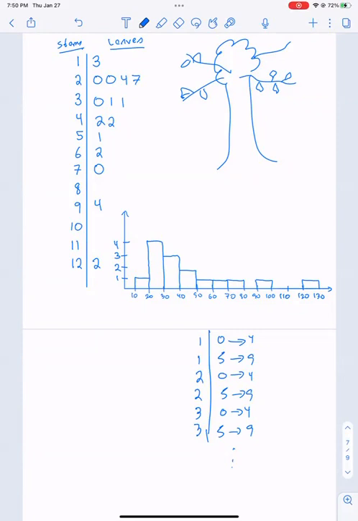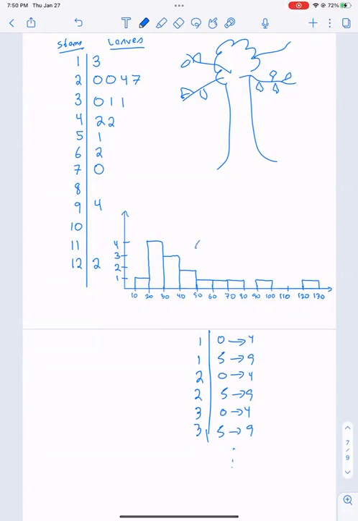I might separate it into a split stem and leaf plot where I do the first 5 digits, 0, 1, 2, 3, 4 for the first stem, and 5 through 9 for the second stem. It's basically the same thing as taking the histogram and separating each class into 2 new classes.